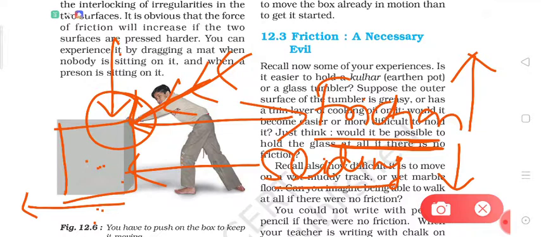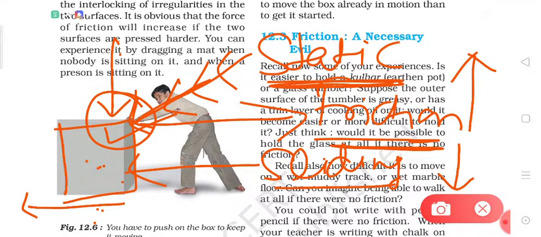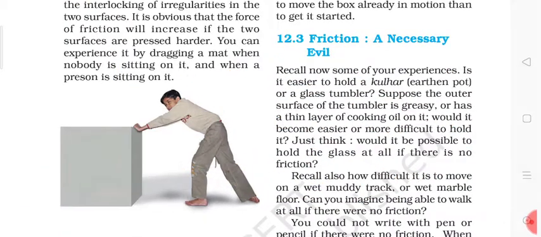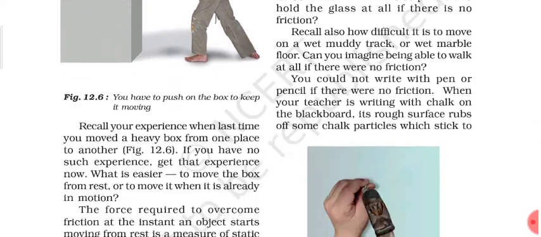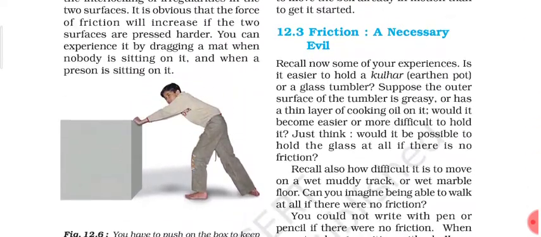So there are two types of friction. One, which is called static friction, is the friction which is working when something is at rest or it just starts to move, right? But while something is already in motion, at that time the friction which is working is called sliding friction.